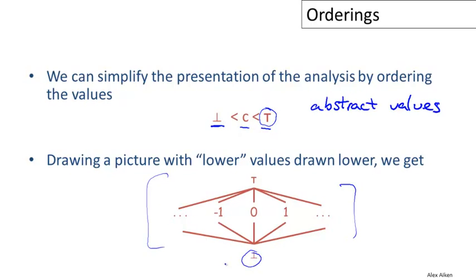Bottom is underneath all the other values, and is less than every constant. All the constants are on the middle level, and the constants are not comparable to each other. This ordering is different from the numeric ordering, so 0 is not less than 1, for example. 0 and 1 are incomparable, as are every other pair of constants. So you have bottom at the bottom, all the incomparable constants in the middle, and bigger than everything else is top.